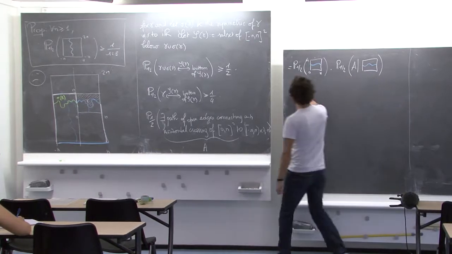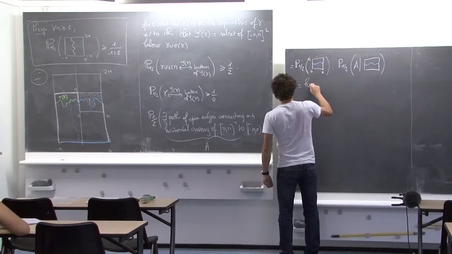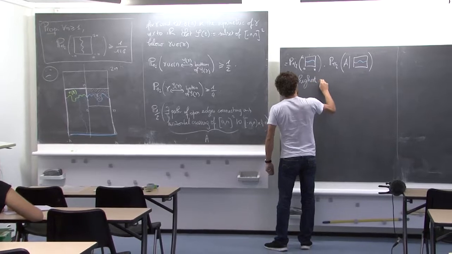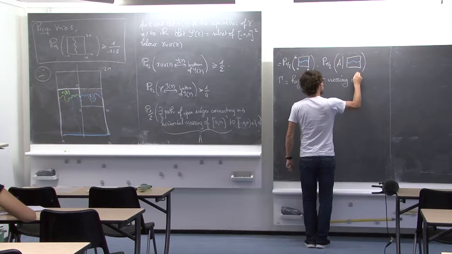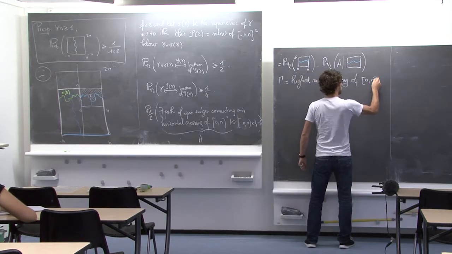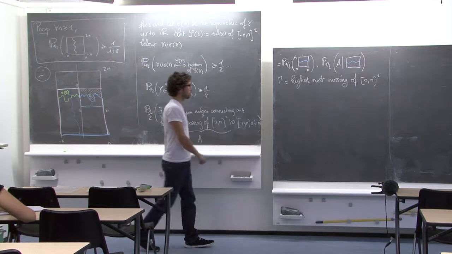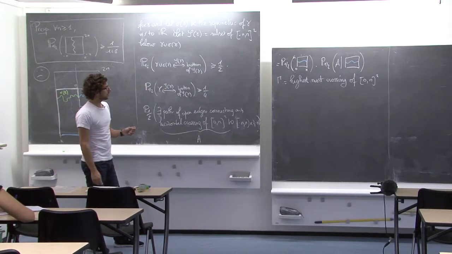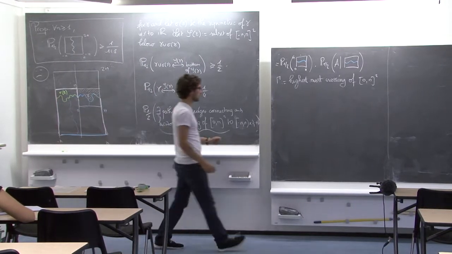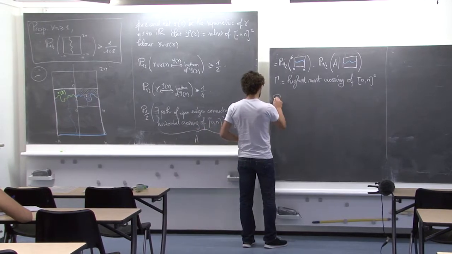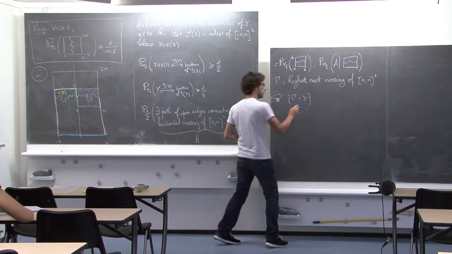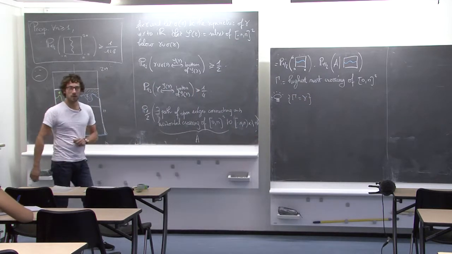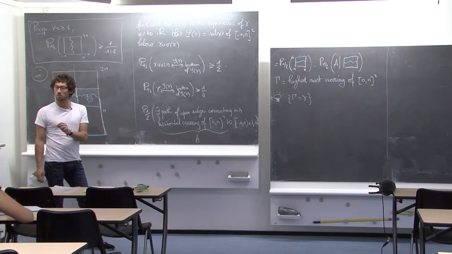So let's define gamma to be the highest horizontal crossing of [0,n]². What is important with respect to gamma, and here is an observation which is going to be really crucial, is that the event that gamma is equal to a certain deterministic path gamma is measurable only in terms of edges which are on gamma or above gamma.